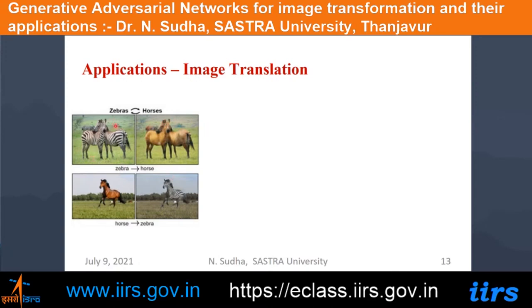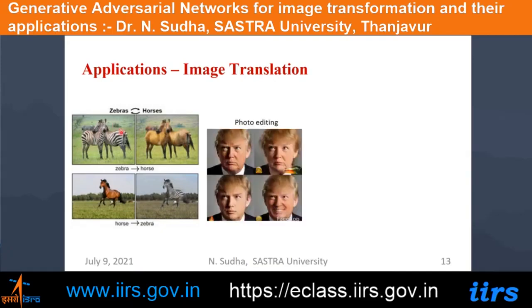So in the basic GAN, you have the input as the noise. In the conditional GAN, you have the input as the noise as well as the class information. But in the image translation application, you have the input as an image itself, and it is translated to another image. That is the image translation.